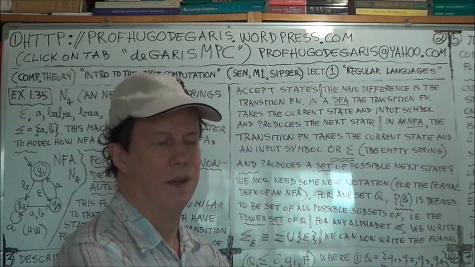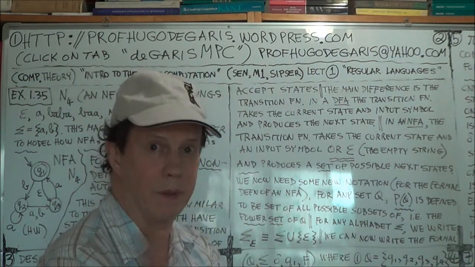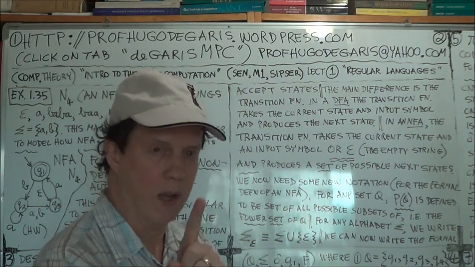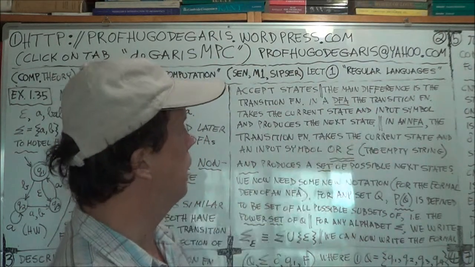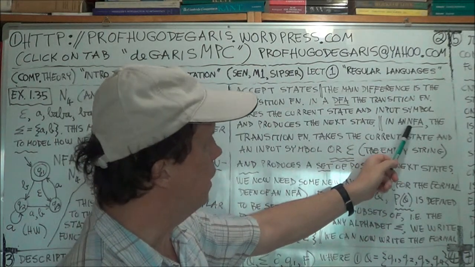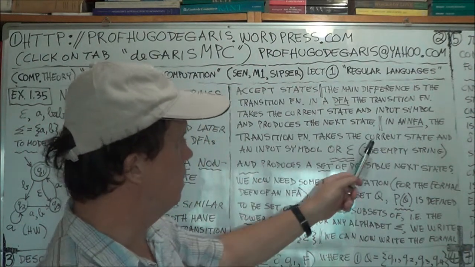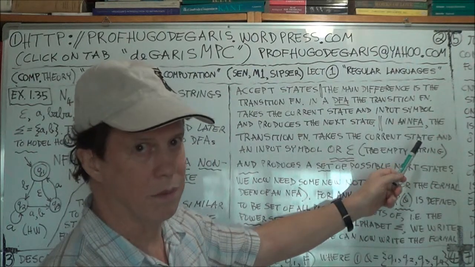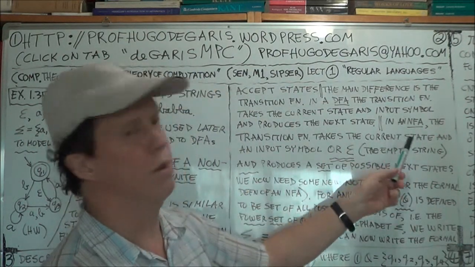And that next state, given those two parameters, is determined. Right? There's no choice. There's just one and only one. Okay. So that's what this is saying. Now in an NFA, the transition function takes your current state, as with a DFA, and the input signal. So that's the same. So the two inputs are the same.